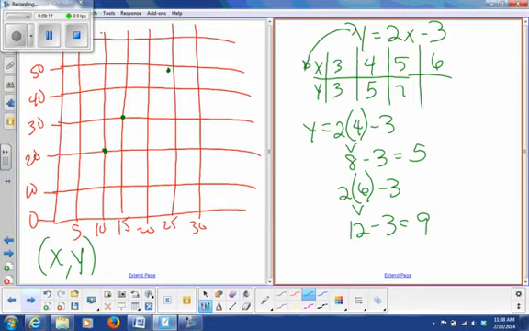I don't get it. Okay, what about it don't you get? Where are you getting lost? I'm getting lost how you said the y and the 2, like where you did 8 minus 3. Okay, well right here, look at this. This is your equation. This is your rule.